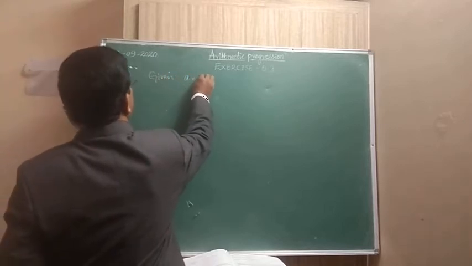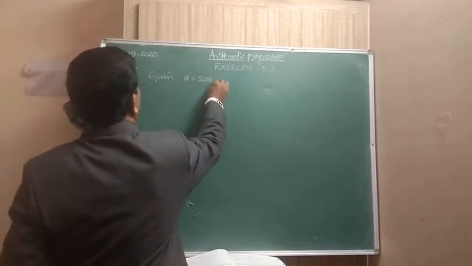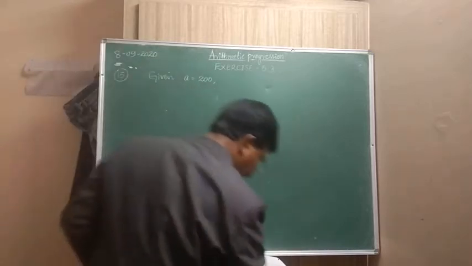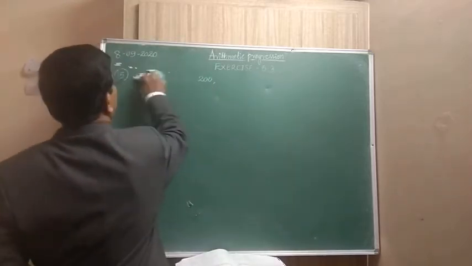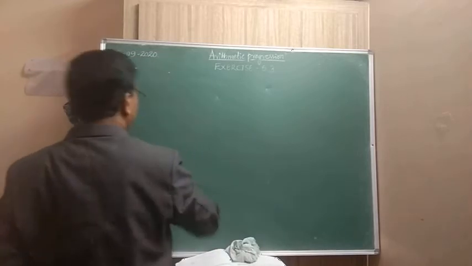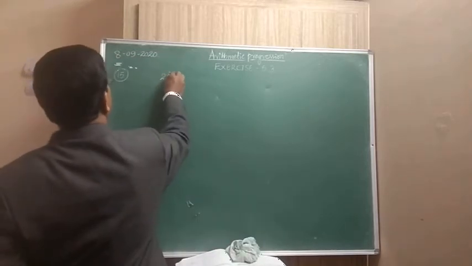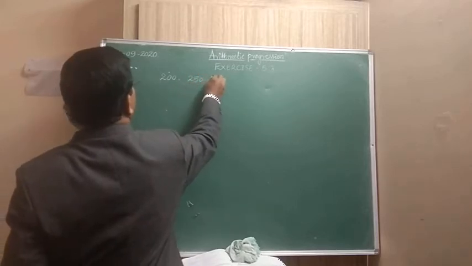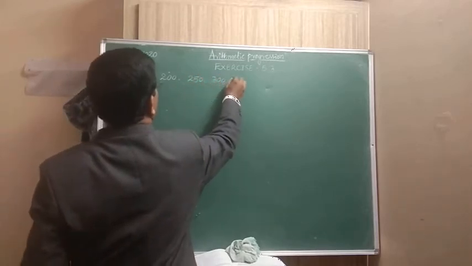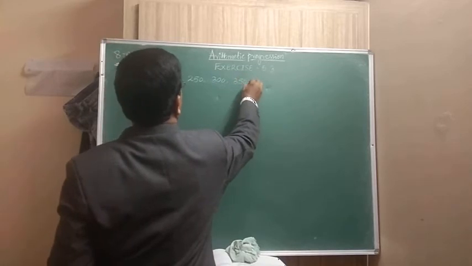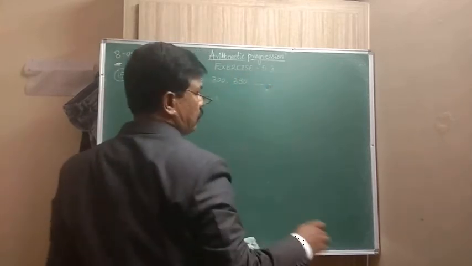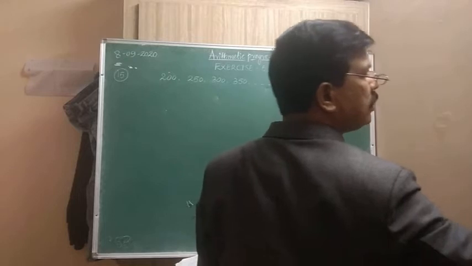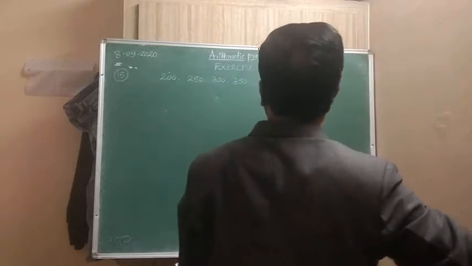Now the first thing you can write is given: a equals 200. First, if you want, you can write the AP. AP is what? First day 200, then second day 250, third day 300, then 350, etc. Like this, here is the AP.